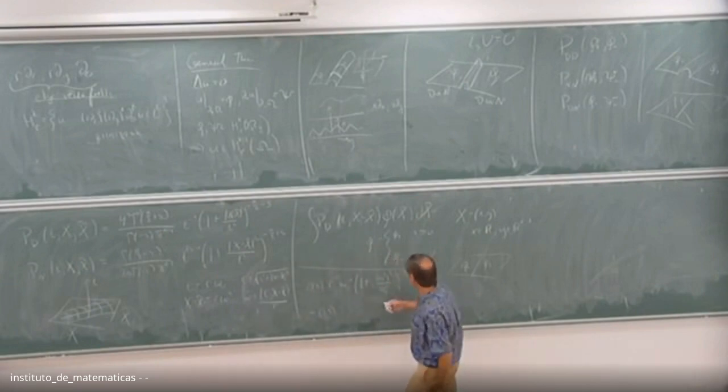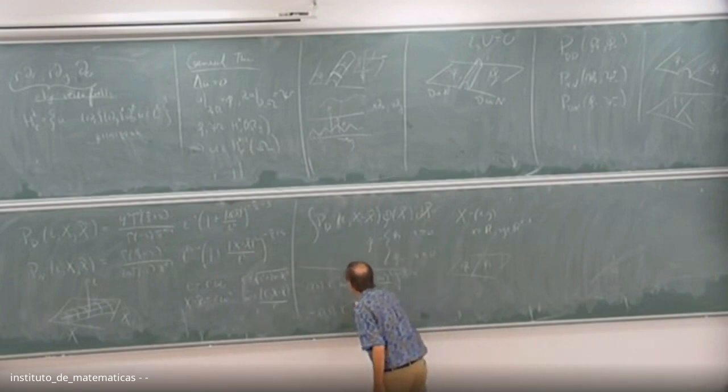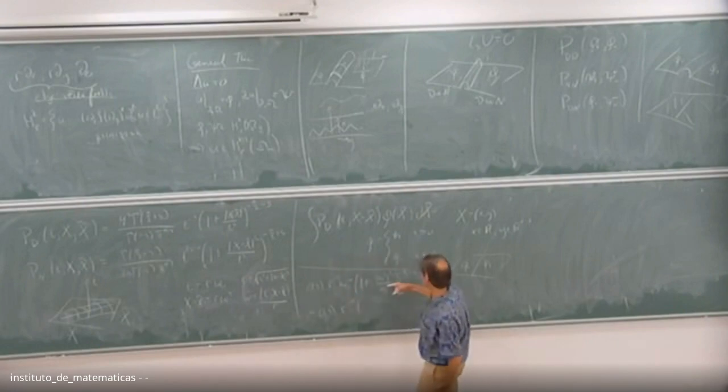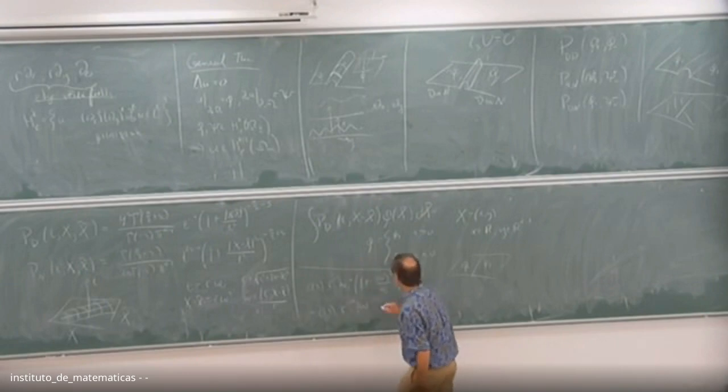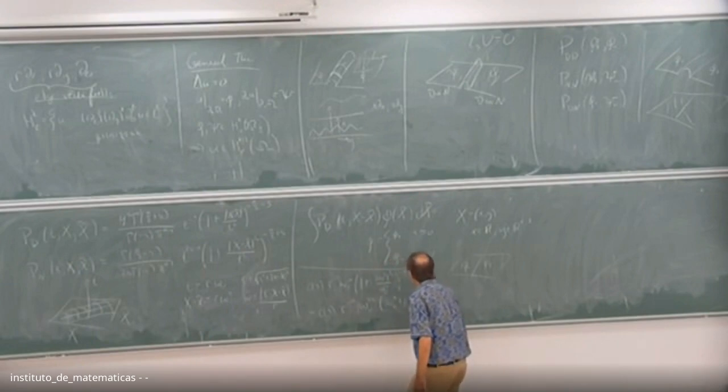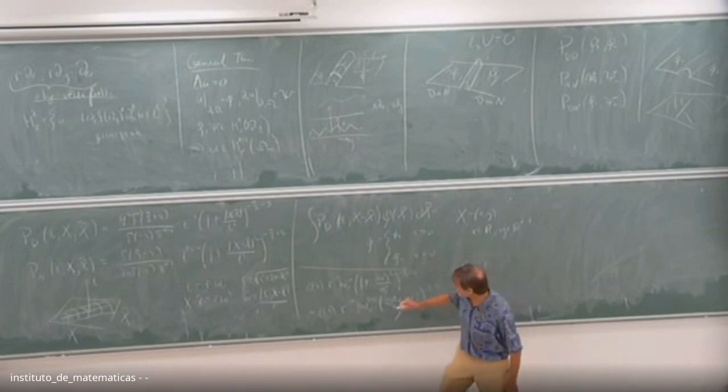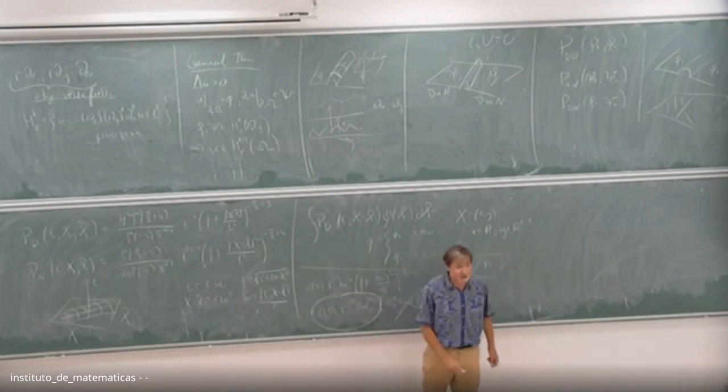So the r's have gone away. There's exactly a power of r to the minus n here. And then if I take this omega naught squared, it's going to give me omega naught to the 2s times omega naught squared plus omega prime squared to the minus n over 2 minus s. Well, that's on the unit sphere. So there it is in spherical coordinates.